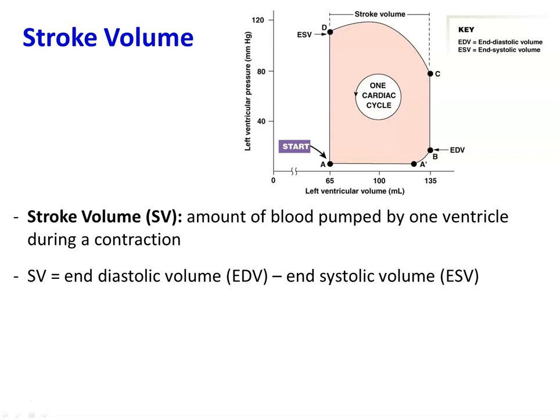Now, stroke volume is calculated by taking the end diastolic volume and subtracting it from the end systolic volume, okay? And to refresh your memory, at the end of ventricular diastole, the ventricle is relaxed. And because it's relaxed, it is full of blood.